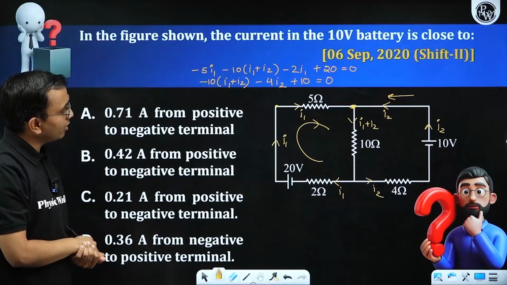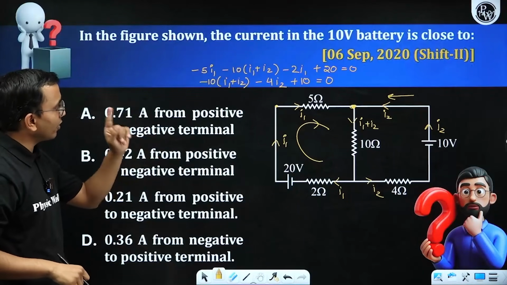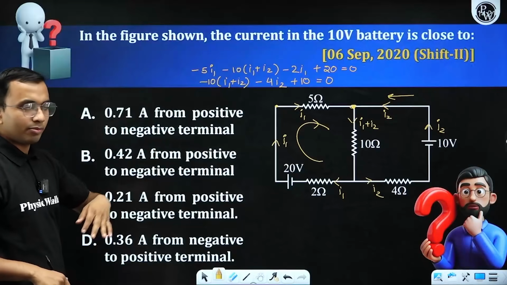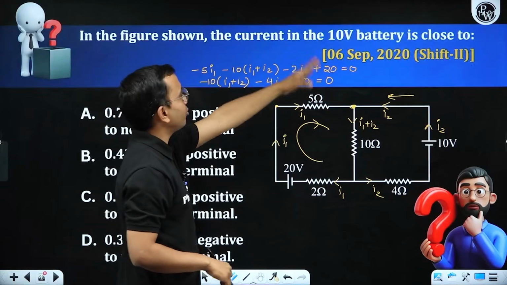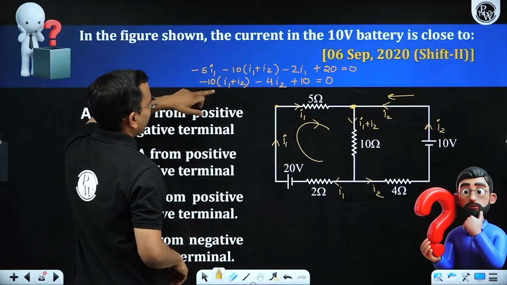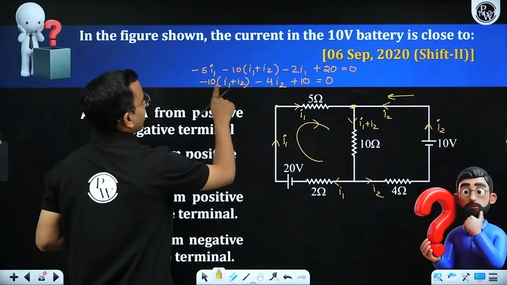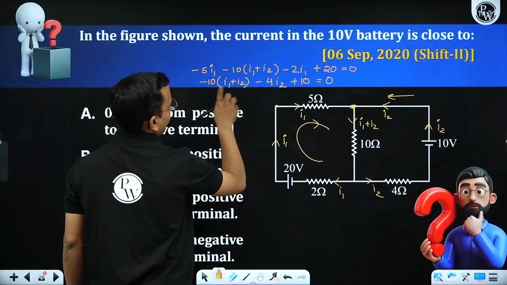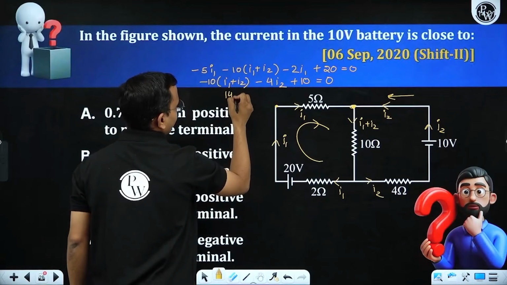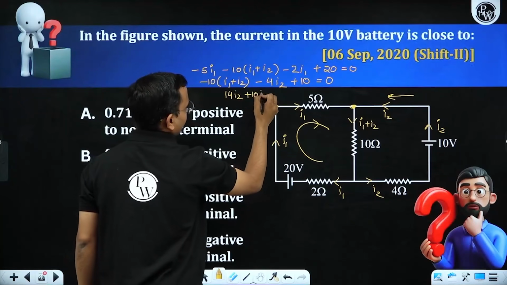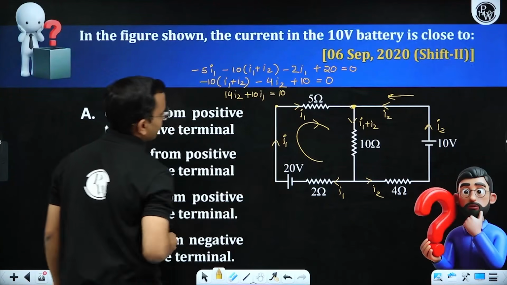How should we solve it? I need to find I2. So from one of the equations, I'll find I1 in terms of I2 and put it in the other equation. Let us write in this second equation first. 10 plus 4, that is 14 I2, and plus 10 I1 equals 10.